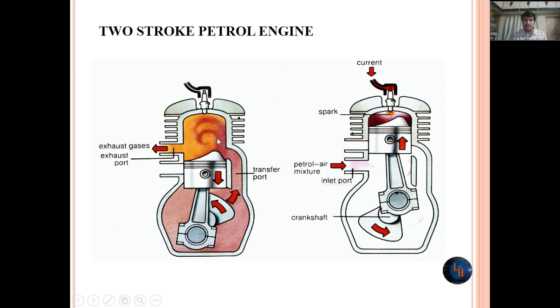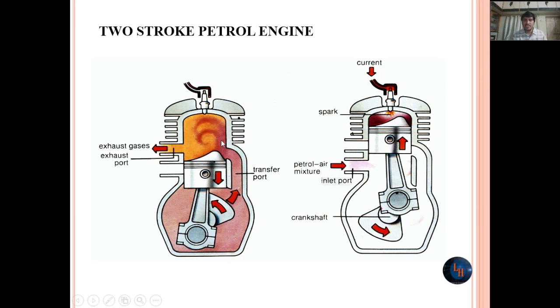That's why this pressure difference is generated to expel the exhaust gases, meaning burnt gases, from the cylinder into the atmosphere. Now when the transfer port is open, the fresh charge which is coming from the inlet port is transferred into the crankcase, and when the piston travels from TDC to BDC, the fresh charge is compressed, and this compressed fresh charge is transferred through the transfer port into the piston overhead or cylinder area.